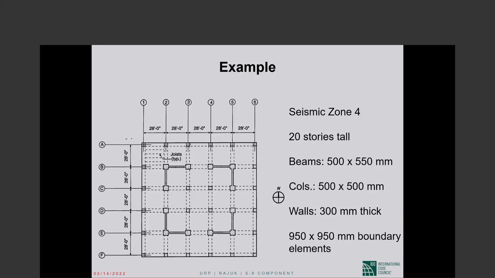I understand what you are asking, but the code will never require a special moment frame. You can approach it two ways, as I once said. You can make the building much stiffer by building shear walls inside the building, or by providing bracing, and then you do not have to provide ductility, which you don't have.